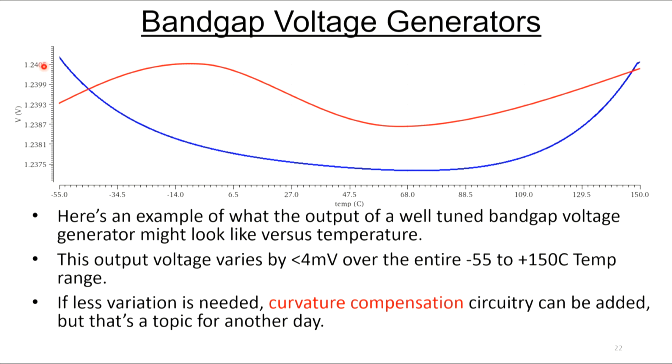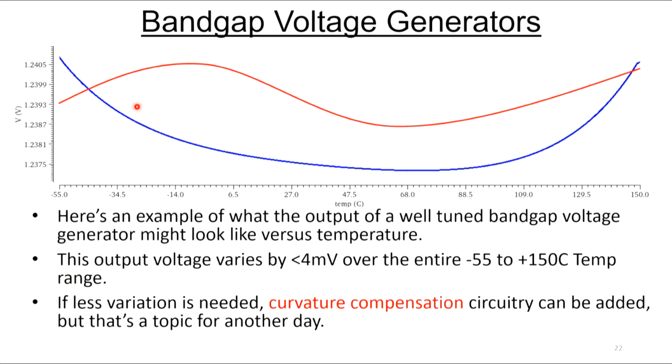So instead of just curving in one direction or curving in the other direction, you get this little kink in the curve. And sometimes they put multiple, usually it's just one. But you can see by doing that, you'll get less variation over the full temperature range. That is a topic for another day.